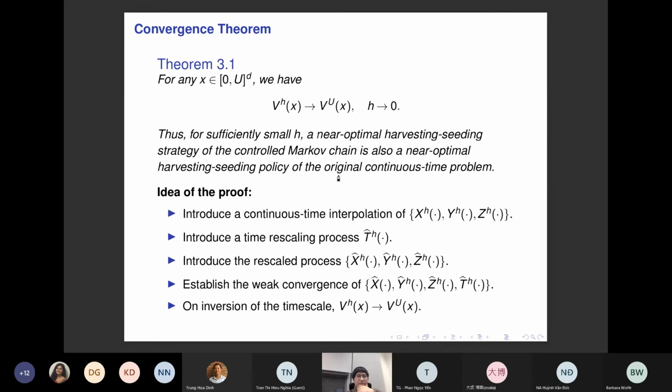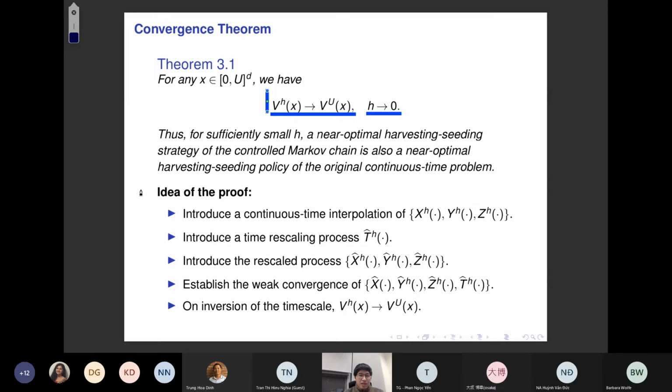And the main result is that if we let h go to 0, then the value function of the Markov chain will converge to the value function of the original continuous problem. And this also allows us to construct the near optimal control for the given problem.